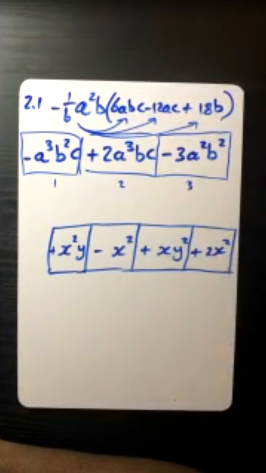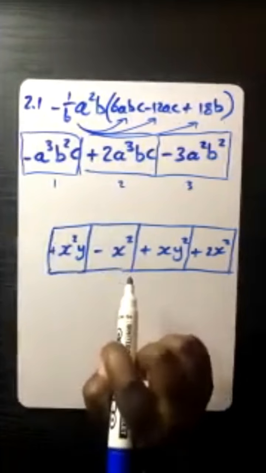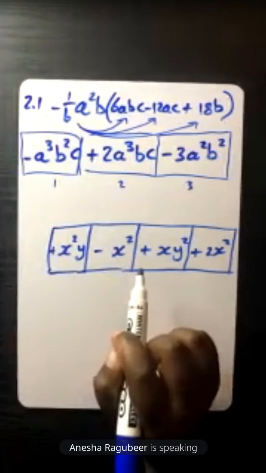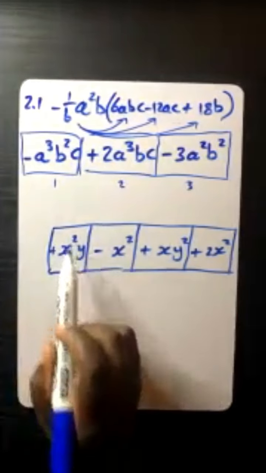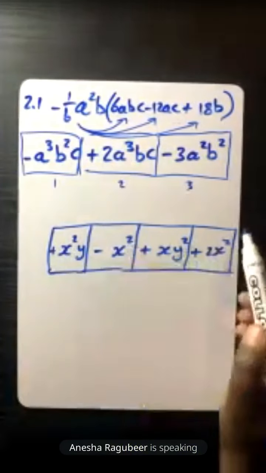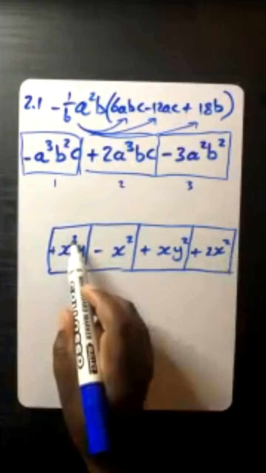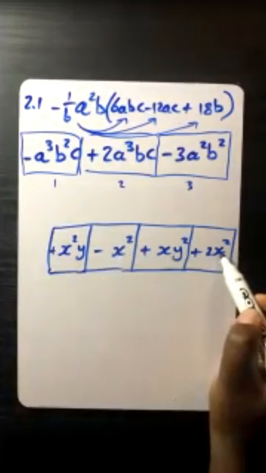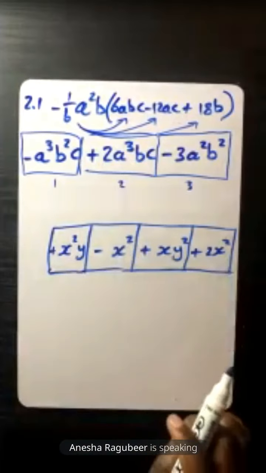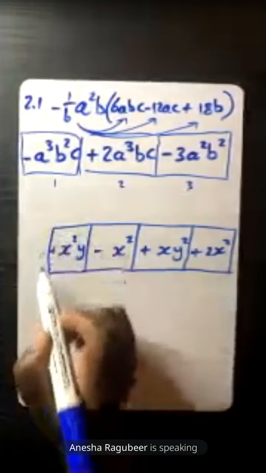So can you please repeat what you said now? Okay, so when we say like terms, we are not referring to you seeing x squared there, x squared there, and x squared there, and saying this is a like term to that one. That's not how terms work. Can you see the whole of this in a box?